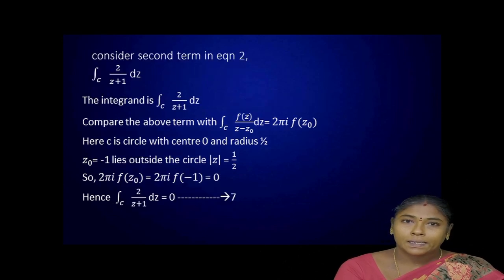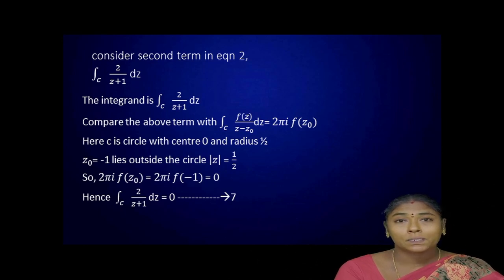Let us consider the second integrand, the integral over C of 2 by (z plus 1) dz. Here f of z is equal to 2 and z naught is equal to minus 1. But our circle has center 0 and radius 1 by 2. Minus 1 lies outside the circle. So 2 pi I into f of minus 1 becomes 0, and the second integral value is 0.